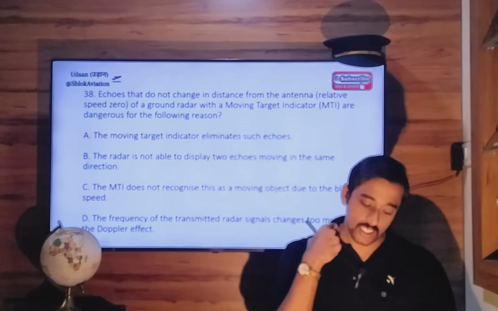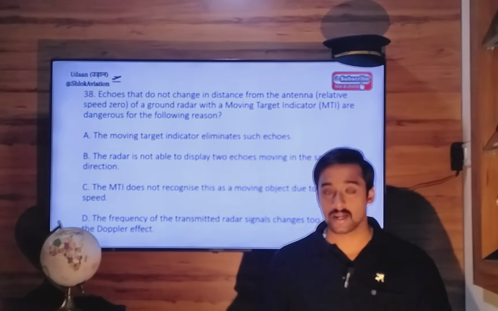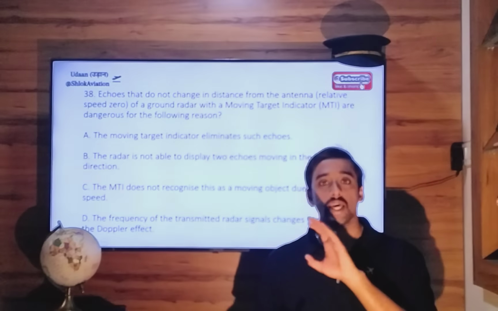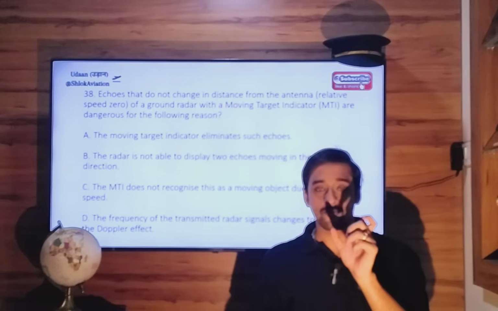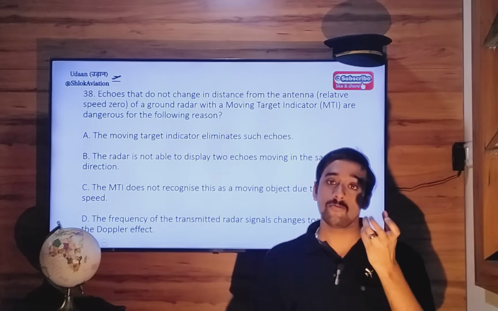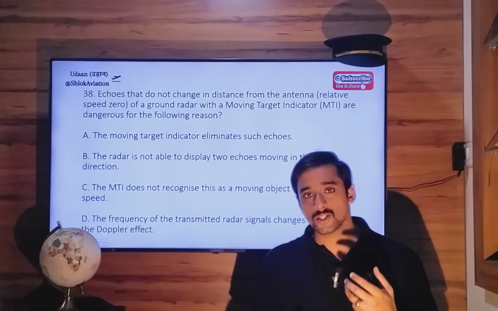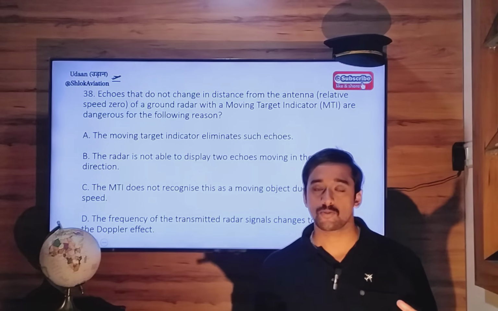Echoes that do not change in distance from the antenna, that means fixed targets. Now let's say there is an aircraft. This aircraft will move in the atmosphere, so it will move with respect to the transmitter. But fixed objects like mountains and buildings surrounding the transmitter won't move in space.